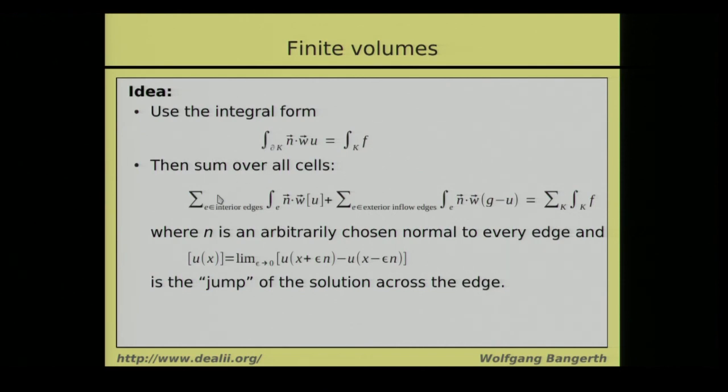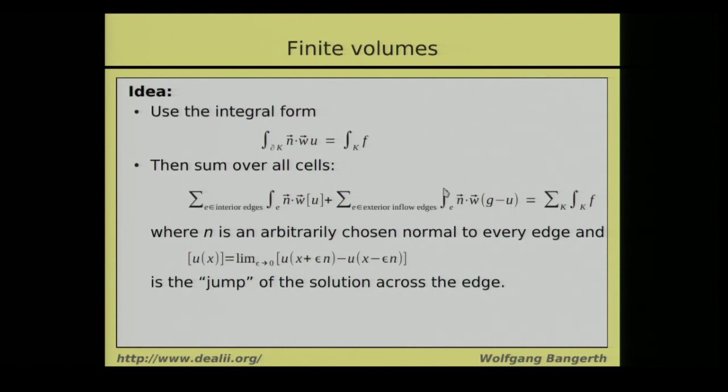So this gives me a sum over all of the interior edges, where I have n dot W times the jump of U. That's like the value of U in one cell minus the value in the neighboring cell, plus a sum over all of the exterior edges. And there I get just 1 term each. That is the difference between the boundary values and U.